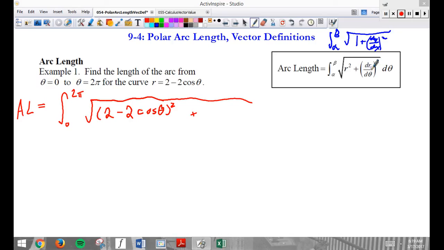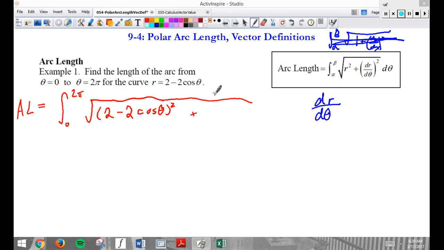So don't get stuck using the slope. Don't think you have to find dx, dy, and then divide them. Don't think you have to convert this to an x and y and then divide. That's ridiculous. Instead, we're just taking dr d theta.